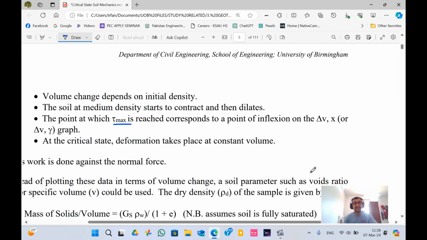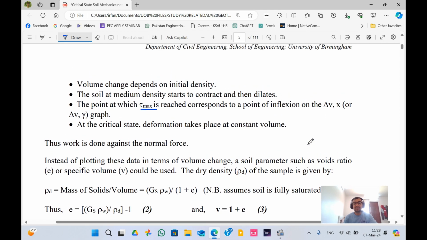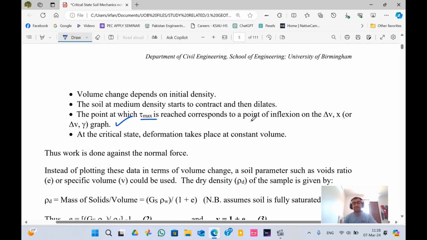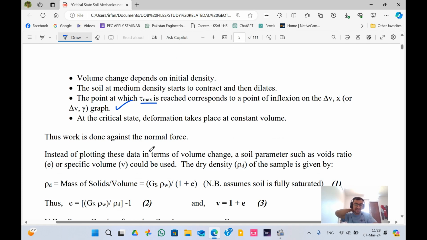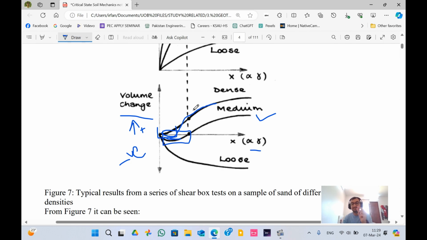Basically delta V and delta x are different graphs that we will see in the next few slides. We will get to know them, because there isn't any mention of these graphs in this chapter. If we go towards the next few chapters, we'll get to know these things. At the critical state, deformation takes place at constant volume, because critical state is basically the point at which soil starts disintegrating.